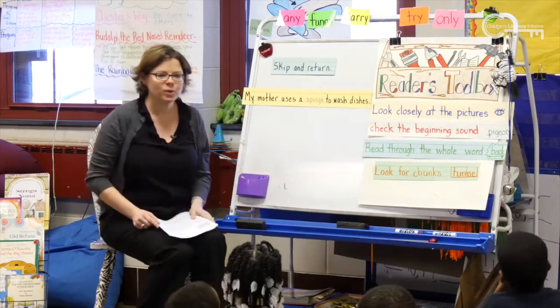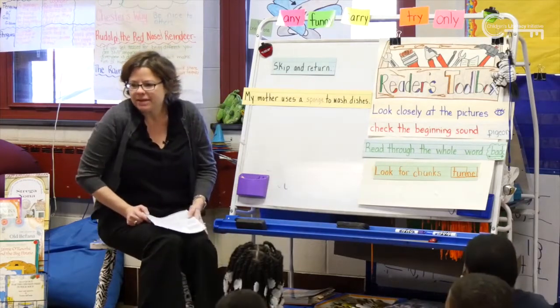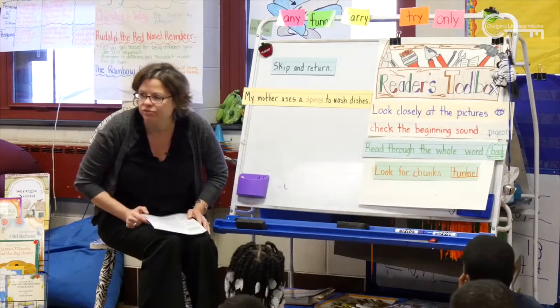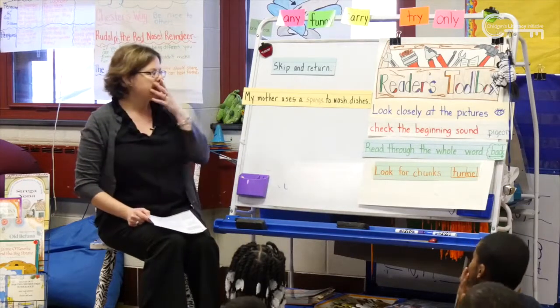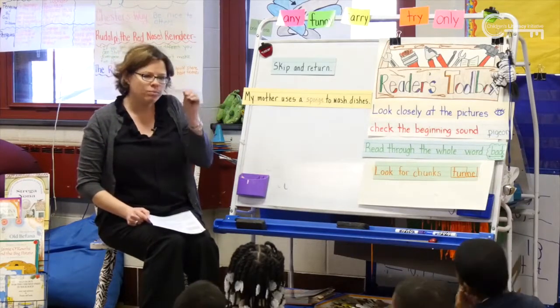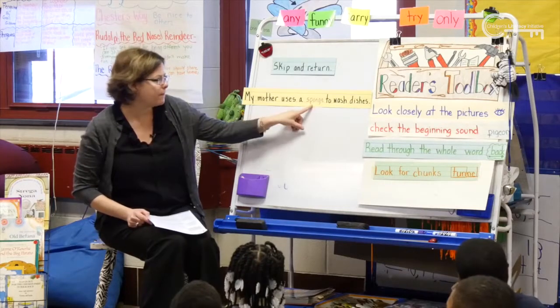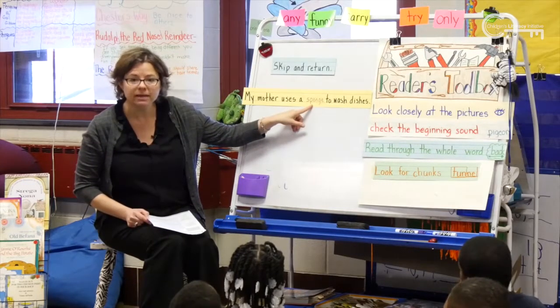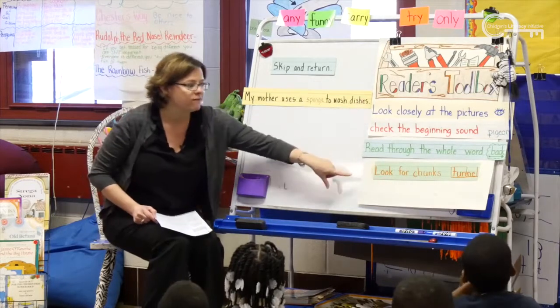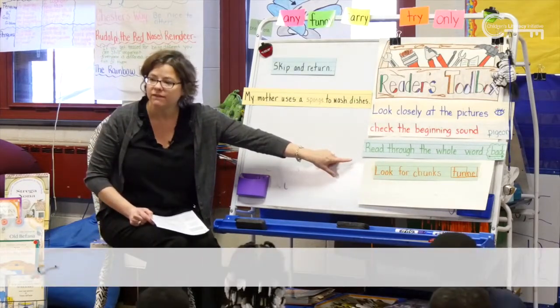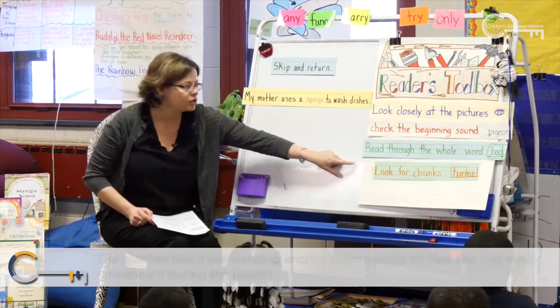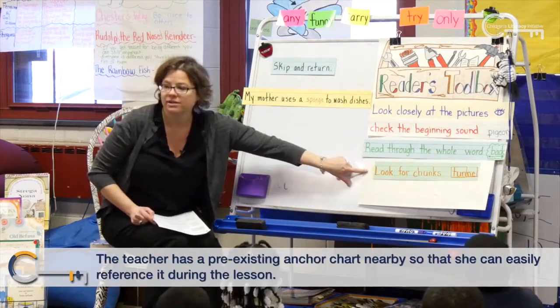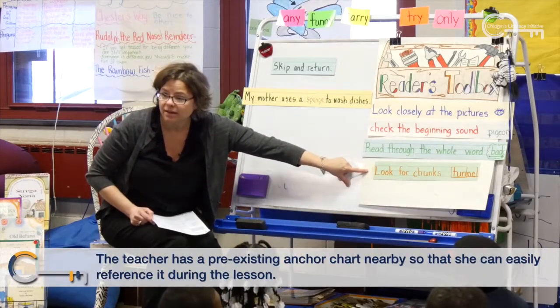It was the first time that I've seen that in a book, and I tried to read it. I paused for a second and thought, I didn't know the word right away. I didn't know it automatically. So I had to use one of my tools from my toolbox to try to figure it out. So I tried to look for chunks. That's the one that I tried.